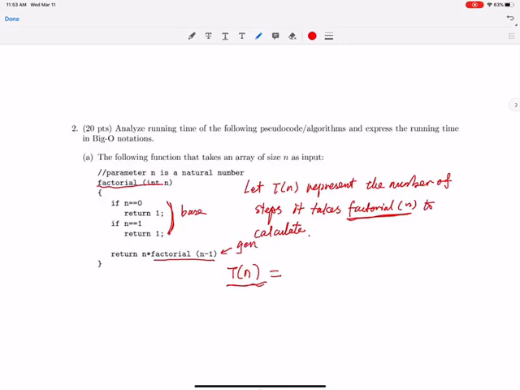For the base case, we're going to write T sub n separately. For n equal to 0, we just return 1. That means when the input to this function is 0, we just have one step and then we're done. So the total number of steps is 1.